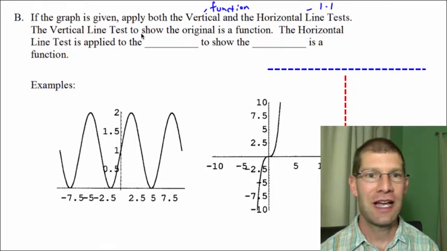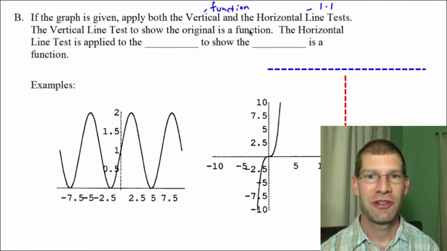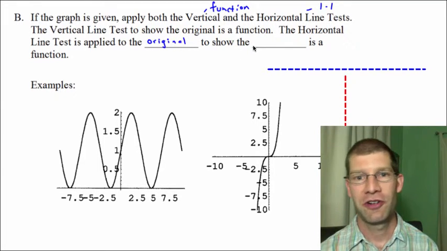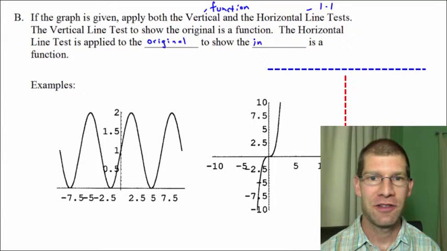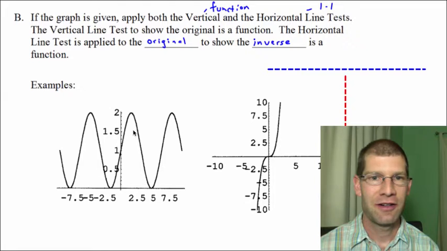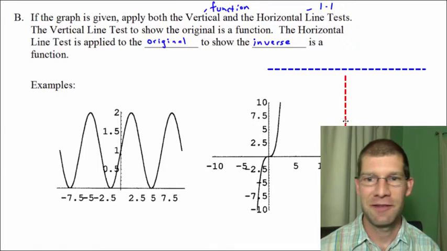Okay, so the vertical line test to show the original as a function. The horizontal line test is applied to the original to show or to determine whether the inverse is a function. And the way that works is we talked before about flipping a graph, that if you're doing the vertical line test on the original, this red line here, let me pull it out where you can see it.